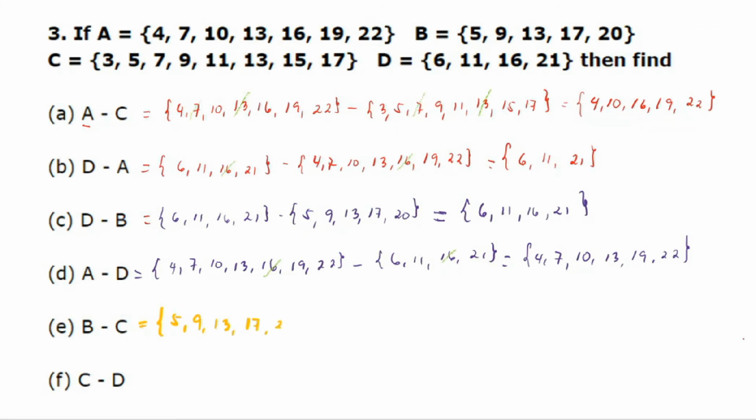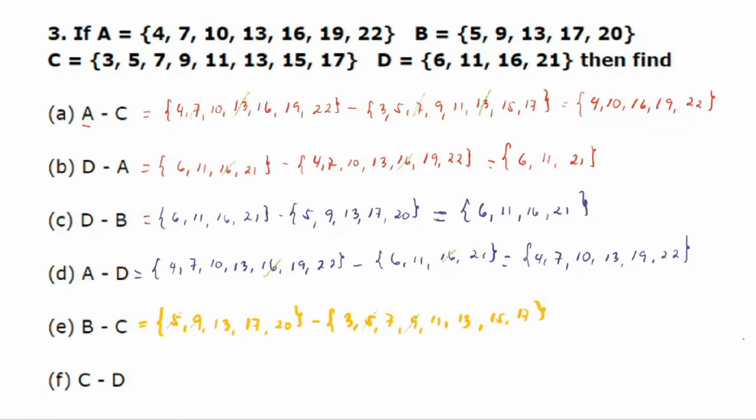Next, we have for letter E, we have set B whose elements are 5, 9, 13, 17, and 20. So my difference, the set C, we have 3, 5, 7, 9, 11, 13, 15, 17. So let's start now with canceling 5 because I can see 5 and 5 is common. We also have 9 and 9.